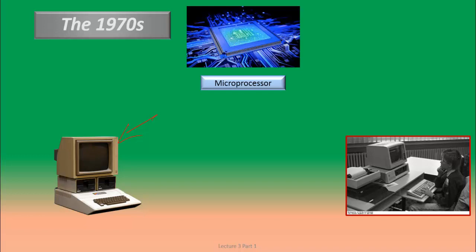Companies like Radio Shack and Apple just set the world on fire in the late 1970s. And then in 1980, IBM introduced the IBM PC. So we will end this lecture with the introduction of the microprocessor by Intel and the microcomputers that really started it all for that age, the Apple II, the Radio Shack TRS-80, and then the IBM PC.